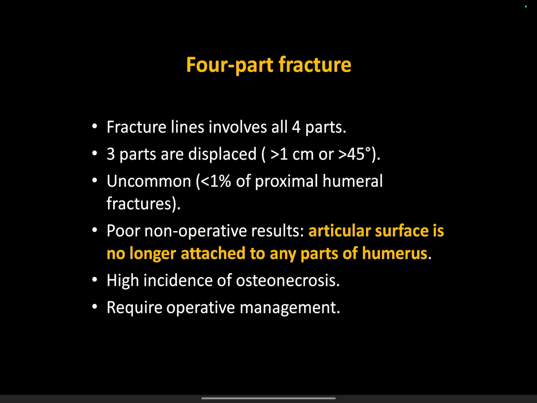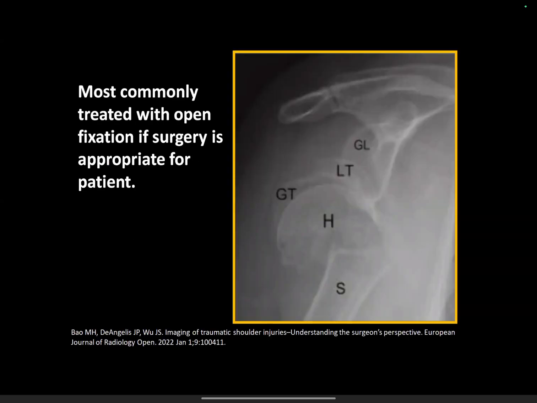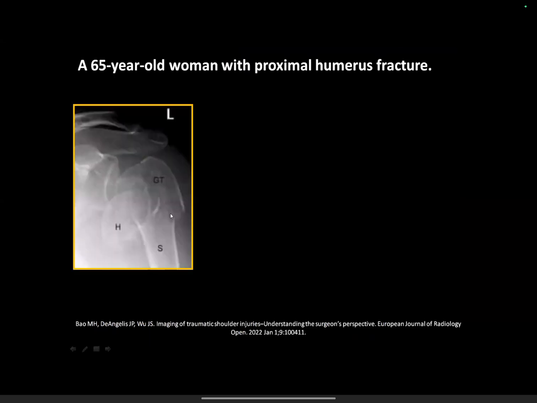So the patient has high likelihood of osteonecrosis, and also, even though it requires surgery, it's mostly associated with high risk. And of course, as we said, poor non-operative results. As we said earlier, they're most commonly treated with open fixation if surgery was appropriate for the patient.